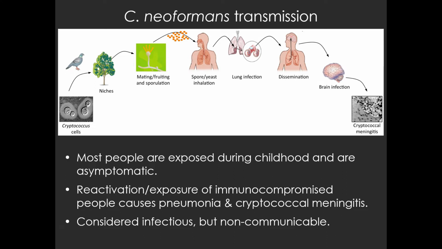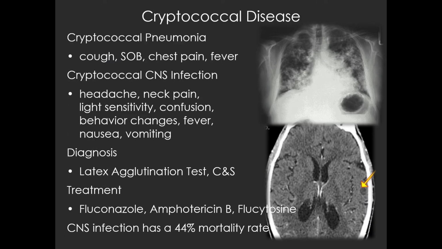So this is an infectious disease that is non-communicable, meaning that a person with cryptococcal pneumonia will not transmit that pneumonia to people around them. If you contract cryptococcal pneumonia, your primary symptoms and signs are going to be cough, shortness of breath, chest pain, and fever.